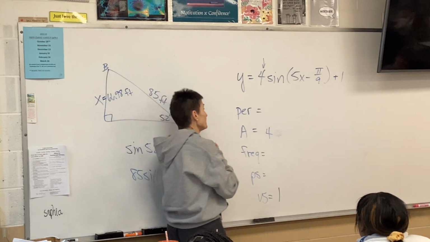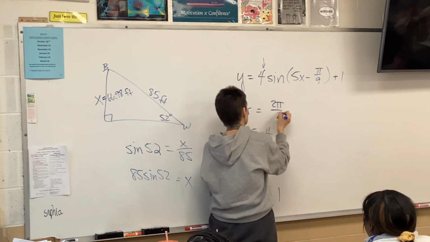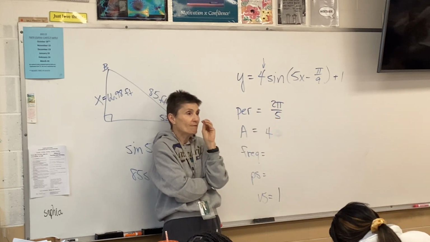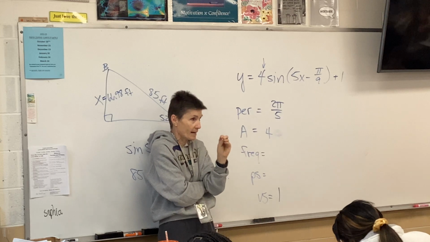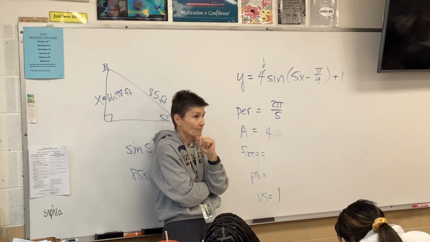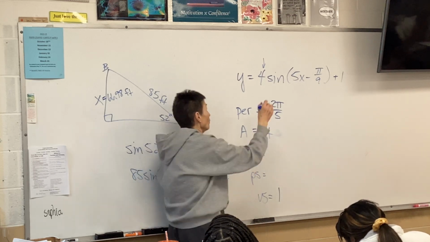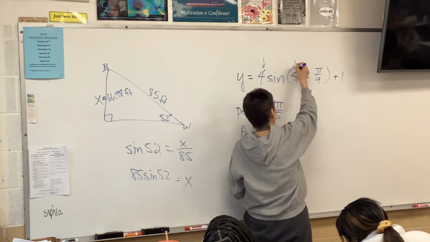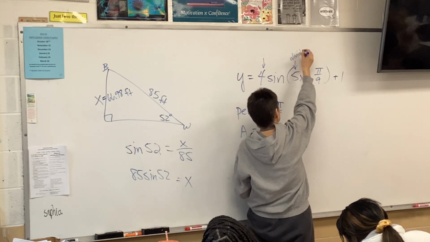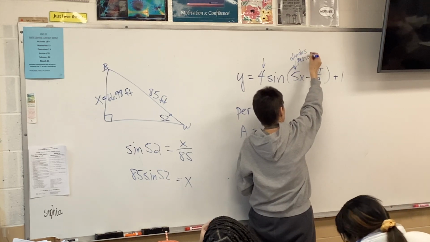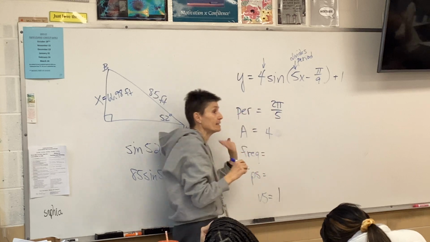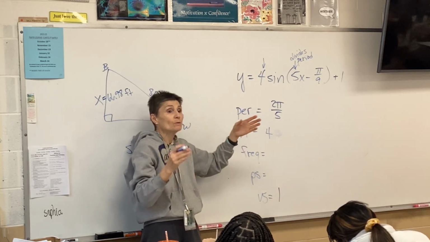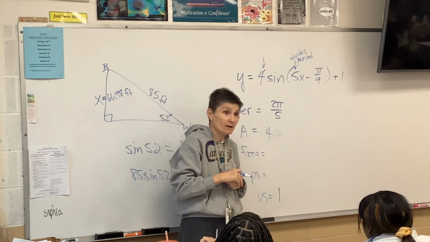The period is 2 pi over 5 because the period of a sine or a cosine is 2 pi. But whatever coefficient there is on x divides the period. So the standard period is 2 pi, but because of that 5, we've now got 2 pi over 5.